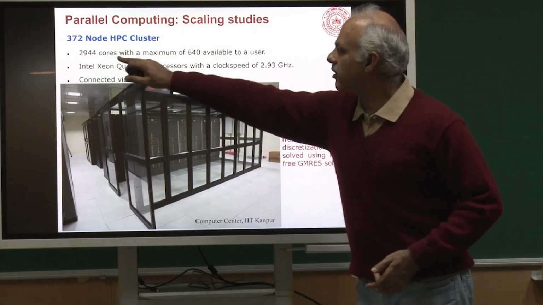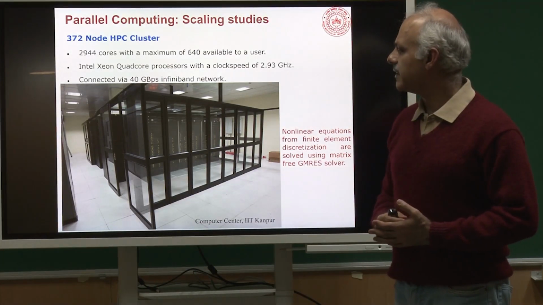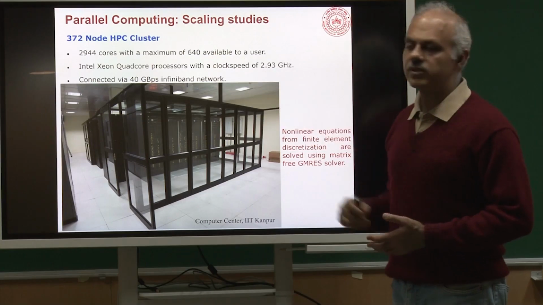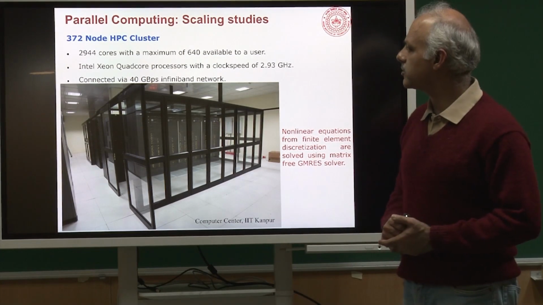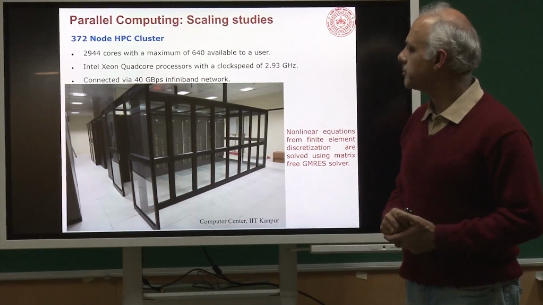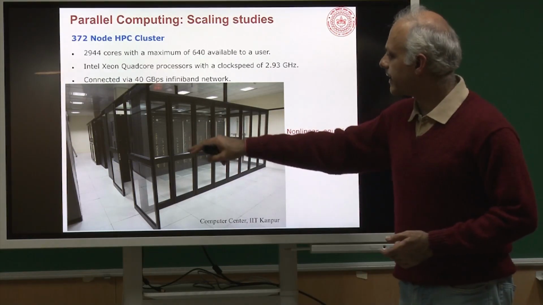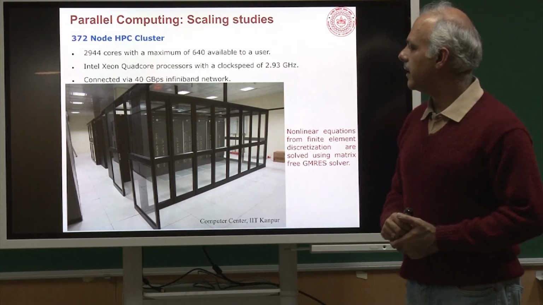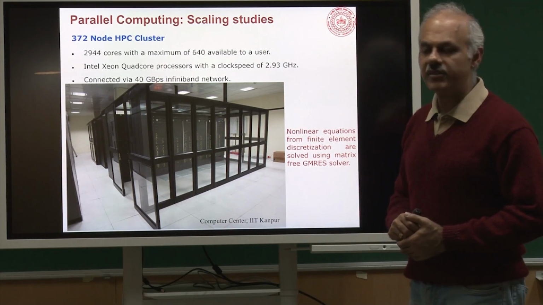So, there are roughly 3000 cores, and because this whole machine is a central facility, each user can only use up to 640 cores. This is just to have equitable distribution of resources, and this is the spec of each of the processors, and the nodes are connected by an interconnect. That is a 40 gigabit per second, it is called InfiniBand.